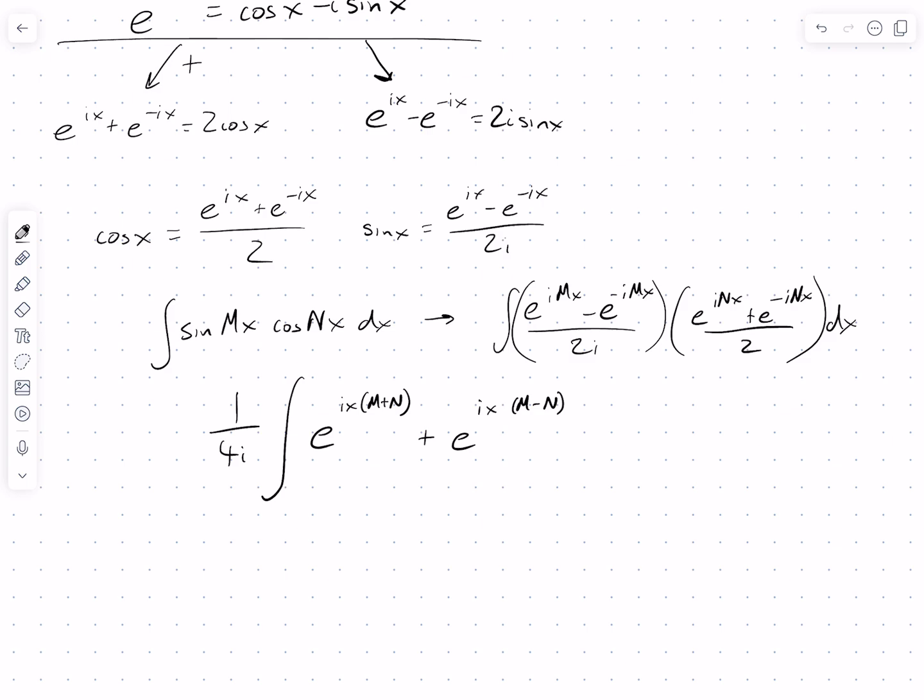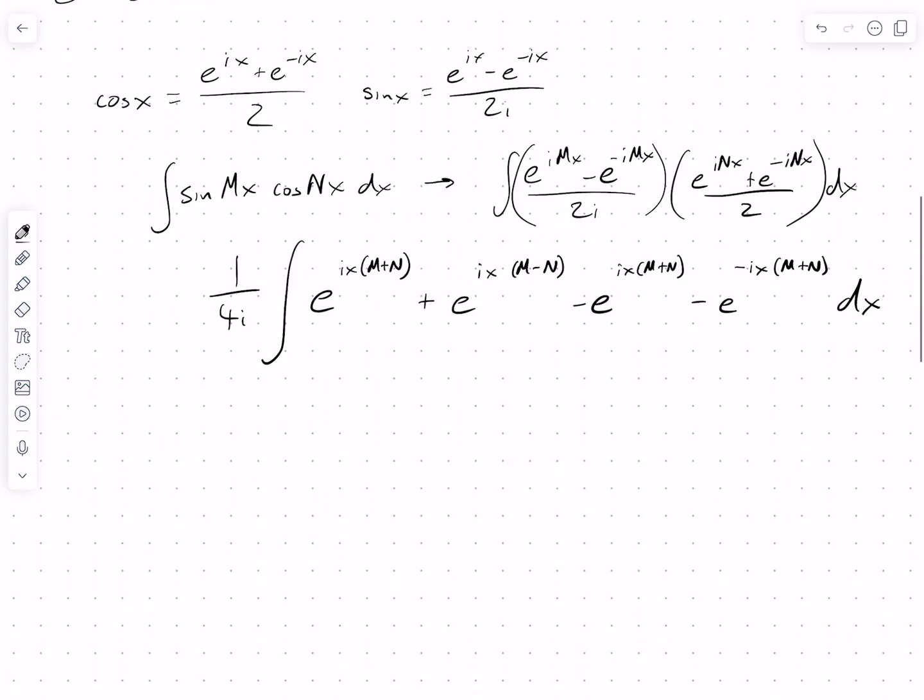And then the inners is going to be negative e to the ix, and they're both positive, versus the lasts is negative, and both exponents are negative. So let's take that negative out, and then the m and n are both positive.